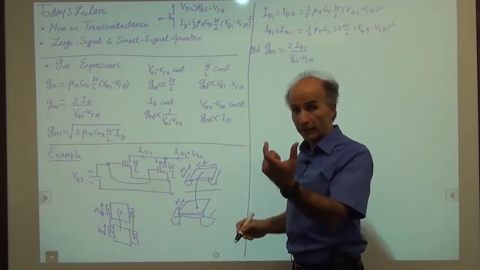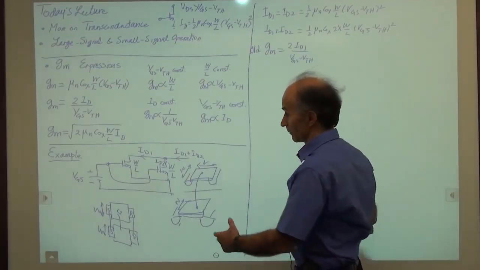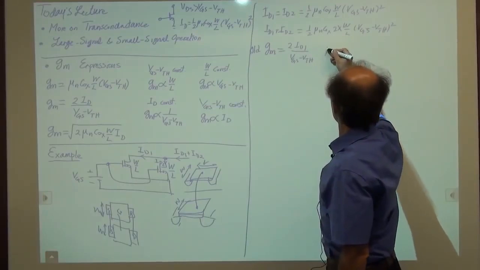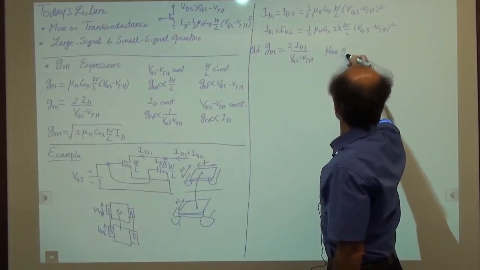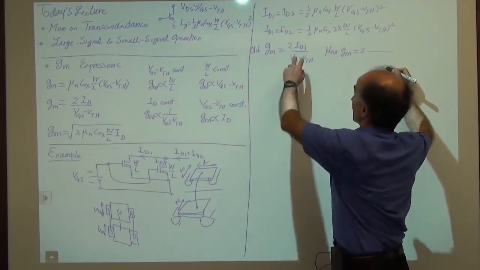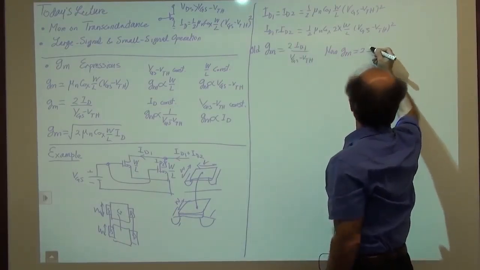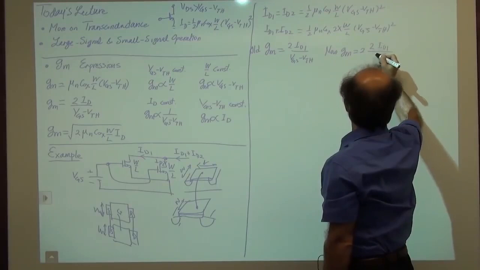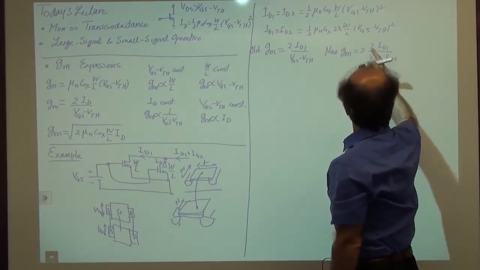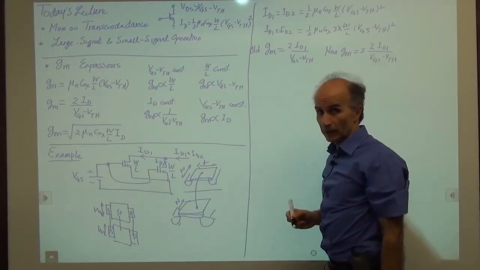Old GM meaning one device. The new GM meaning both of these are in a box. So the new GM is 2 times. Now we said that the current has doubled. So 2ID1 divided by VGS minus VTH. So we see that the transconductance is doubled.